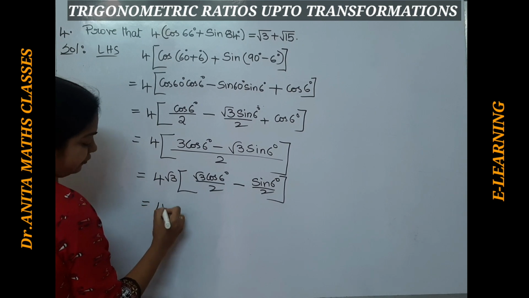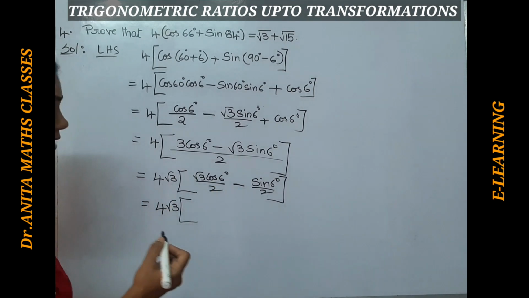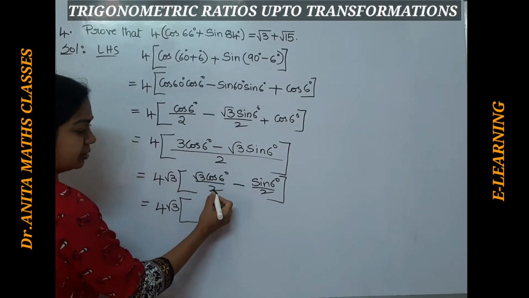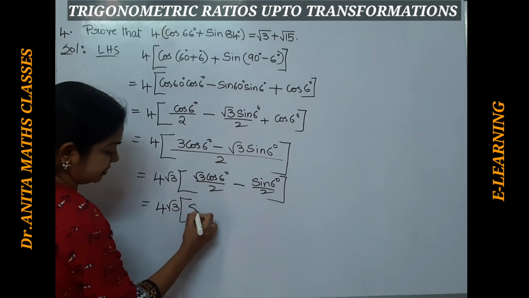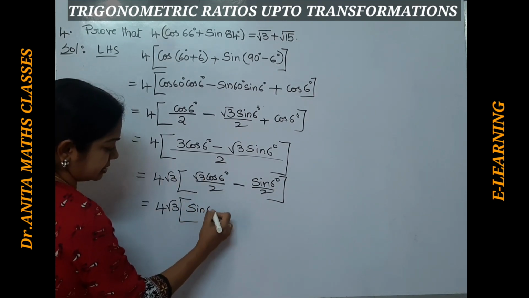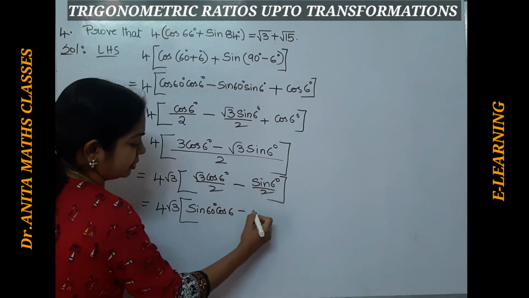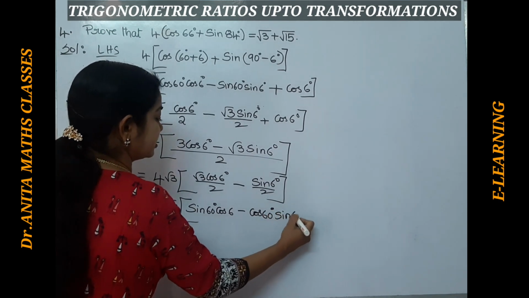Now here 4 root 3, we can write root 3 by 2 as sin 60, and the other way, 1 by 2 as cos 60. So sin 60 cos 6 degrees minus cos 60 sin 6 degrees.